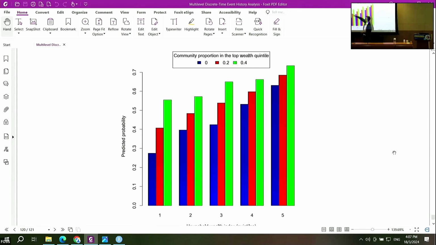So what we can see here is that if you're a mother of the lowest wealth category, then there are very big socioeconomic inequalities between communities in access to antenatal medical care. But if you're a rich mother, then it really doesn't matter which community you live in, whether it's rich or poor, you will still have very high access to antenatal medical care.